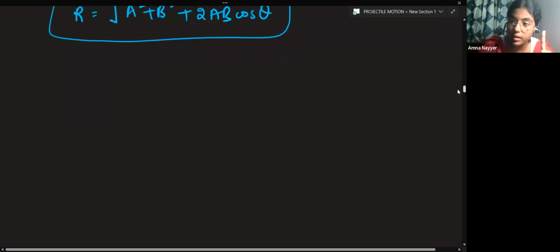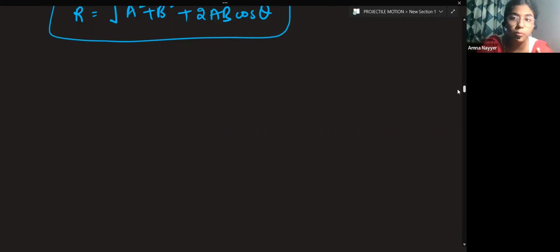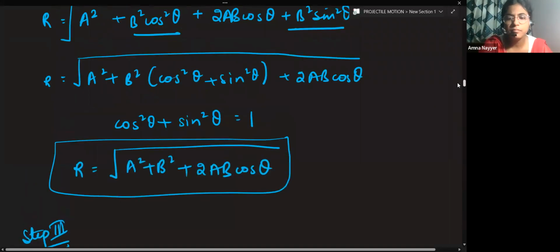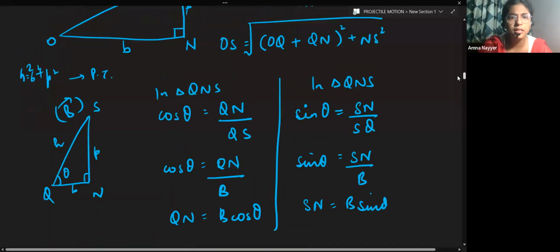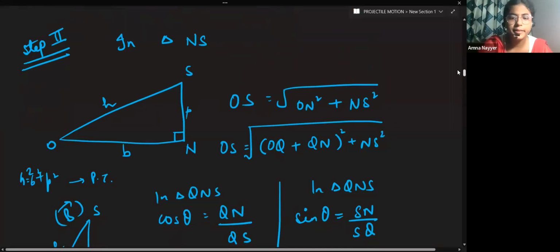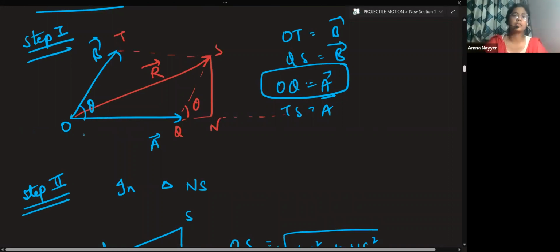And class, when the derivation comes, you don't have to stop till here. You have to mention step 3 as well. Step 3 was what? Direction. Now step 3 is very easy. It's not lengthier than the second step. Just look at this triangle, again ONS. For that, let me draw one thing.